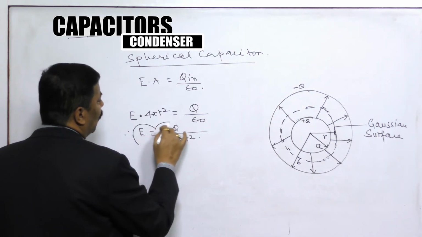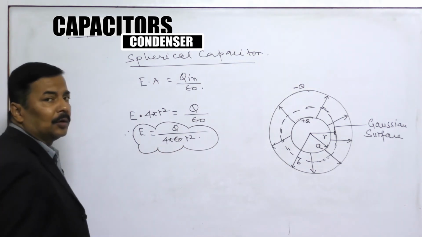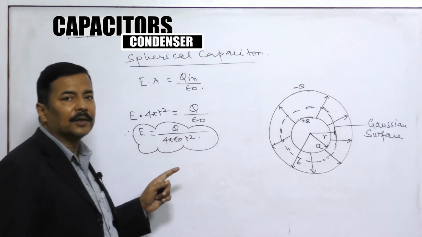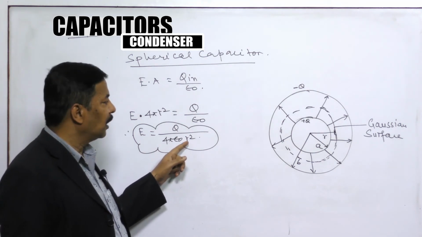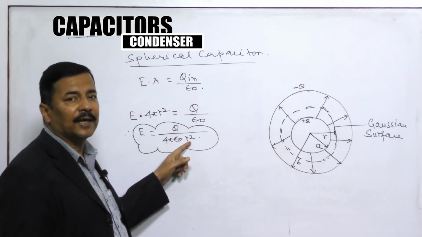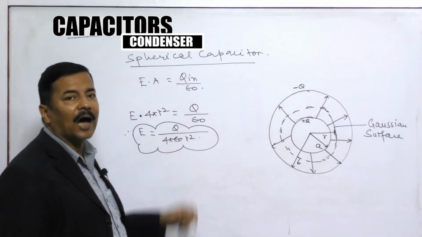This is the value of the electric field we have got. As I told you, the electric field is variable, here also it is variable because r is variable. The minimum value of r is A and the maximum value is B. So r changes from A to B.